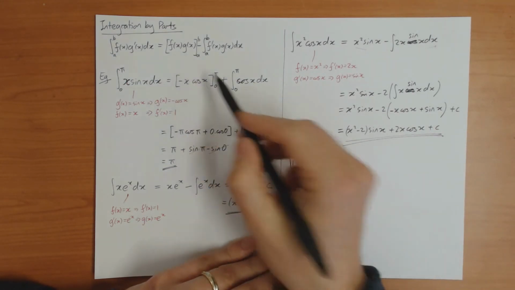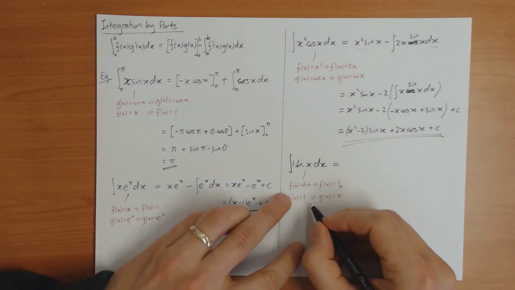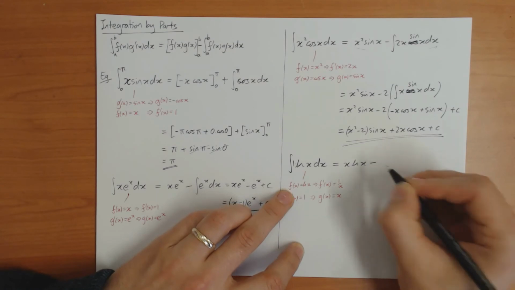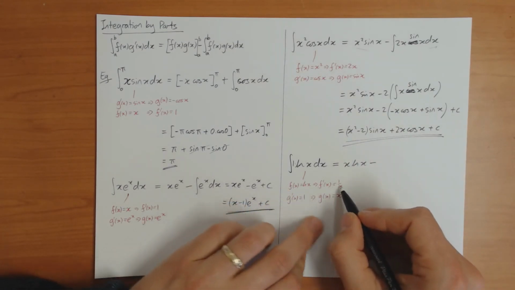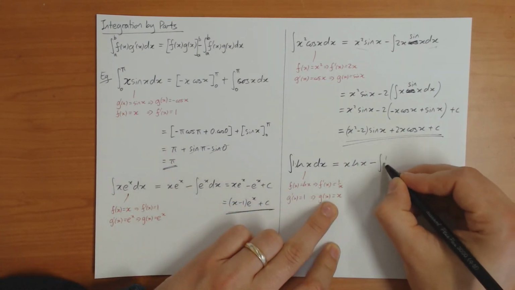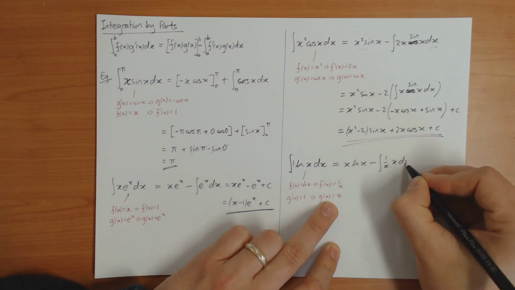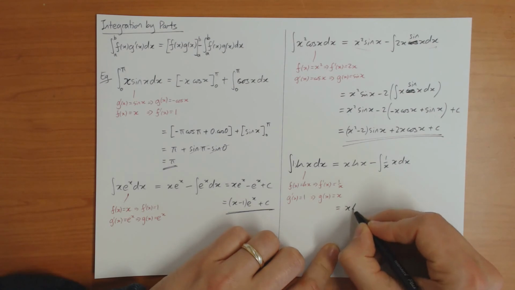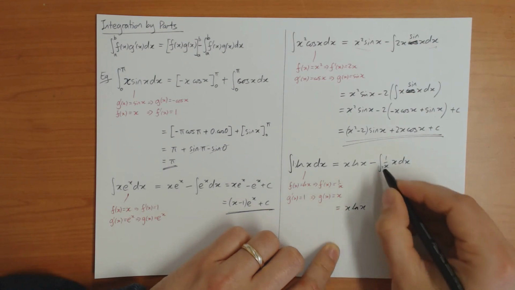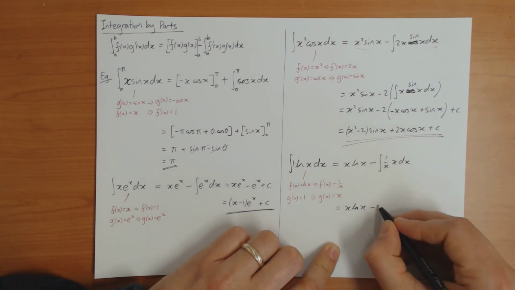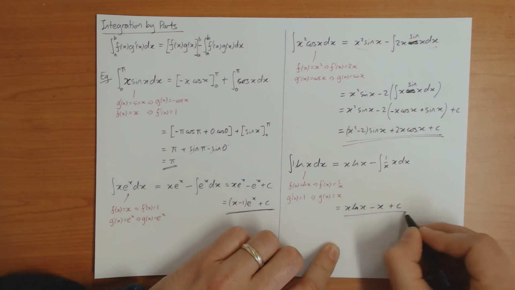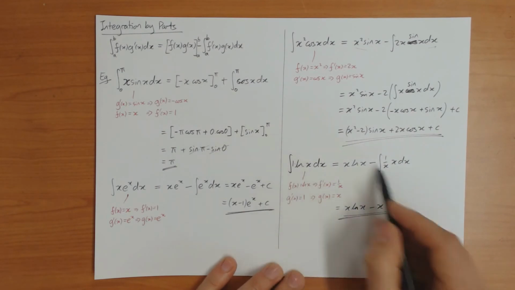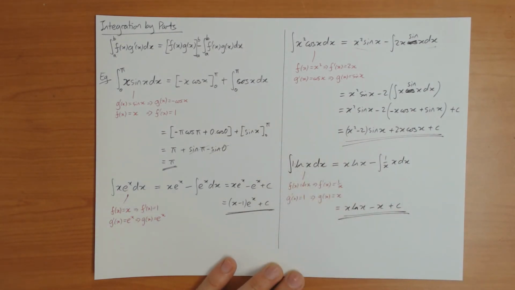Then if you apply the integration by parts formula, you get f times g, that's x log x, minus the integral of f prime times g, that's the integral of 1 over x times x dx. The integral of 1 is just x, so I get x log x minus x plus c. Okay, so this is one way you can integrate a function like this.